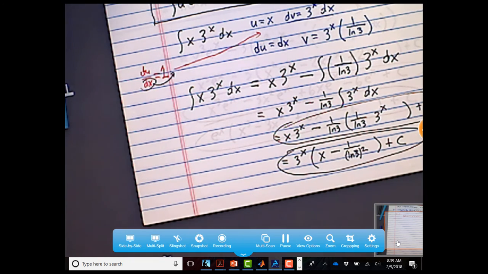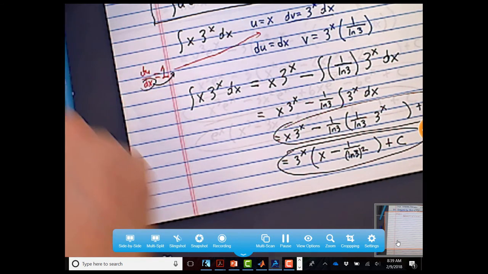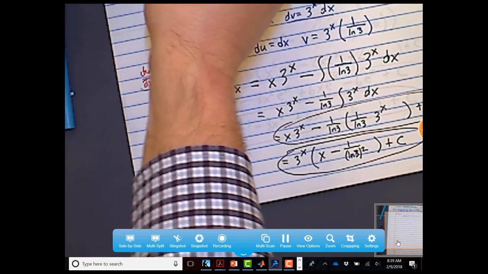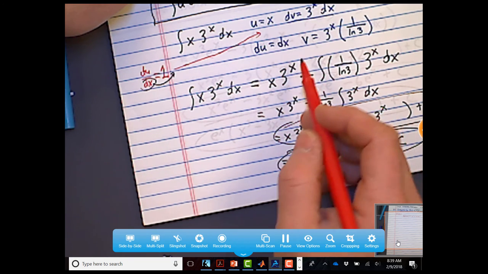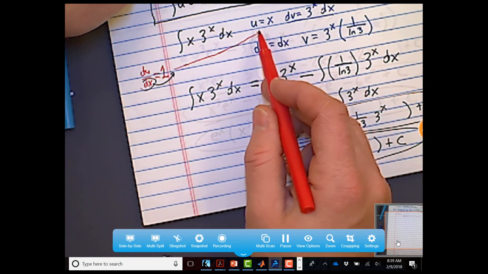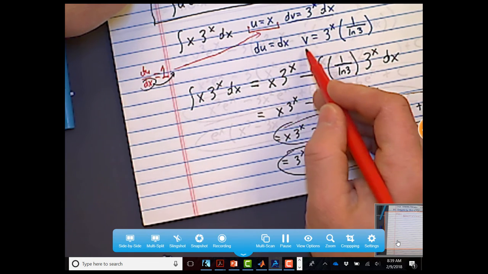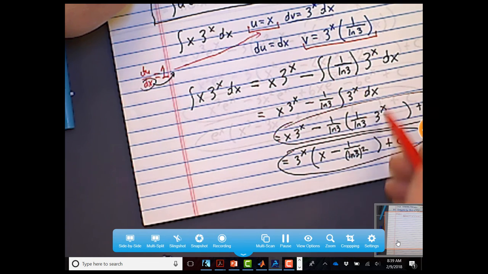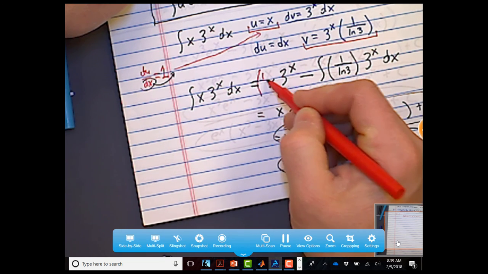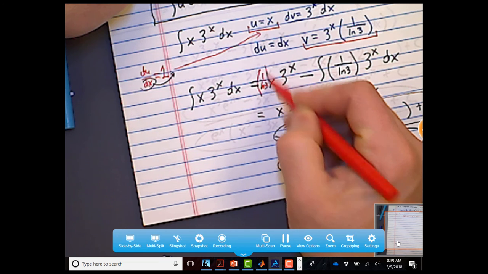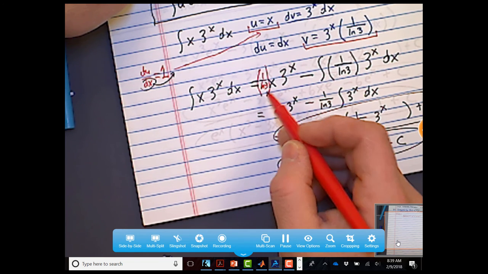We didn't catch this the first time, but it's because it was new to you. Let me show you what the mistake is. When you do u times v, it's x times 3 to the x, but it's also times 1 over natural log of 3, right? Is that what you're talking about?